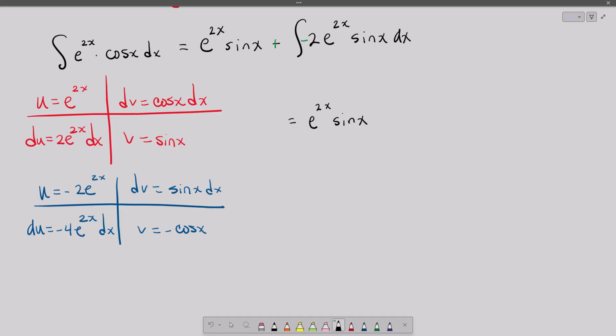So uv, main diagonal, looks like it's going to turn positive, so we'll have 2e to the 2x multiplied by cosine x. uv minus the integral of v du. All right, that's not too bad because this now becomes positive. So we'll have 4e to the 2x cosine x.